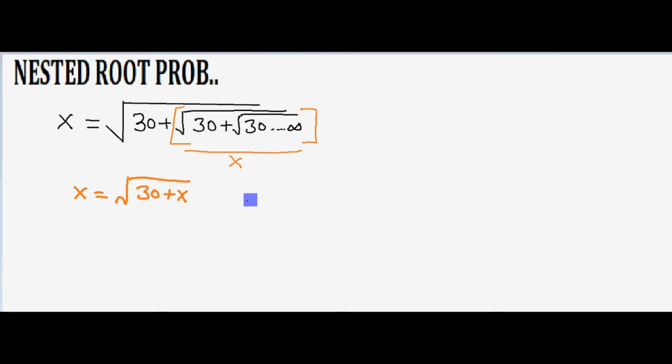Now next step, you must be presuming that we have to square both the sides. Let's square it. Squaring both the sides, we get x square is equal to 30 plus x, and it's a kind of quadratic equation if we bring all the things to this side.